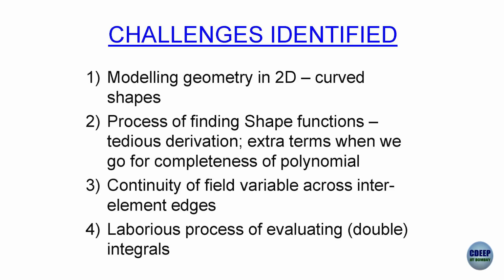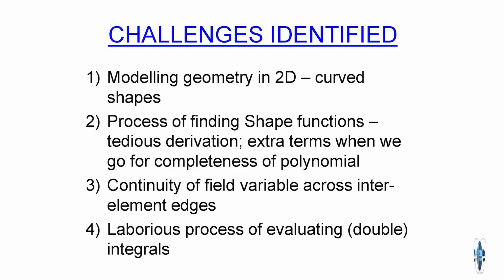So, we looked at modeling curved geometries as a challenge. The geometry would have some holes, some fillets, some curves which we need to model, which was not the case in one dimensional problems.